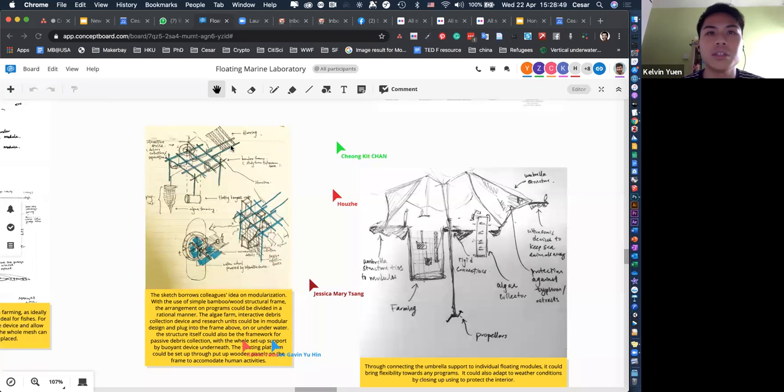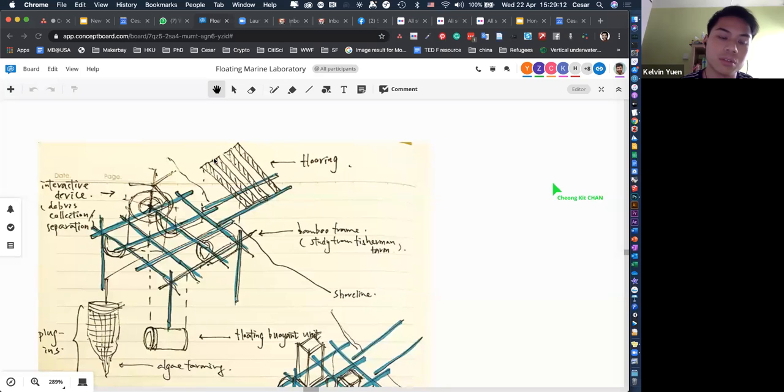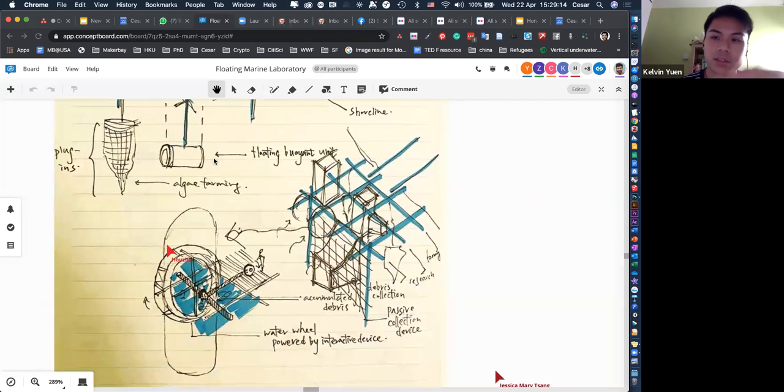Yeah, I think the flooring should be a permanent one, so that we could avoid people stepping into the algae farming part, because in this design it is separated on top of the water, where we could have the interactive devices, and the lower part would be the farming and also the collection. So it's quite separated in that sense, so I think the permanent flooring is necessary.